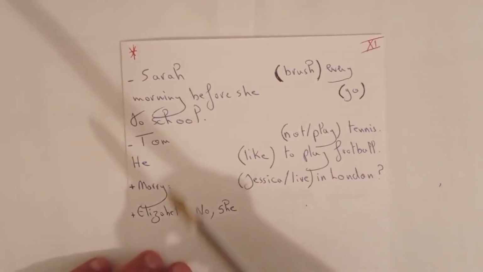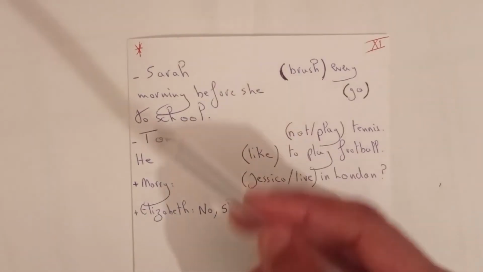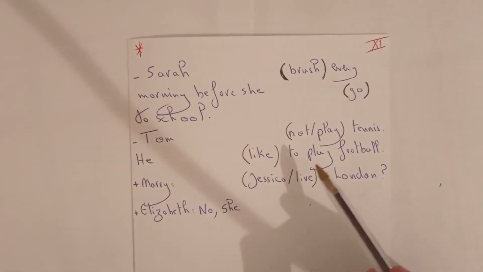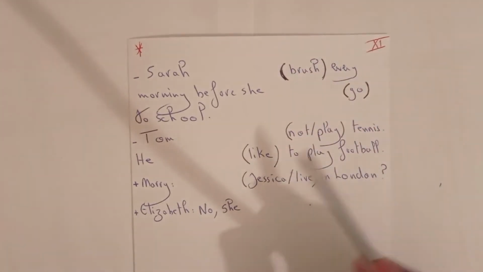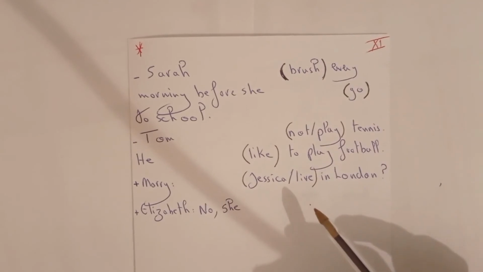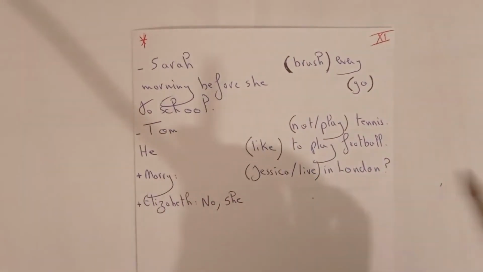Let's have one last practice. So here we have some sentences, and we have verbs between brackets, parentheses. So now conjugate these verbs in the simple present. Take into consideration the form of the sentence.